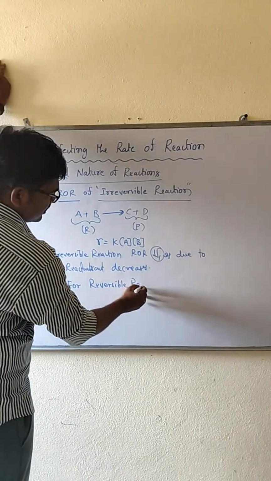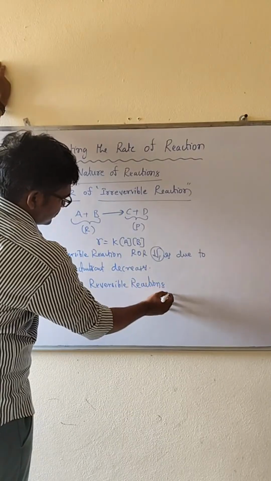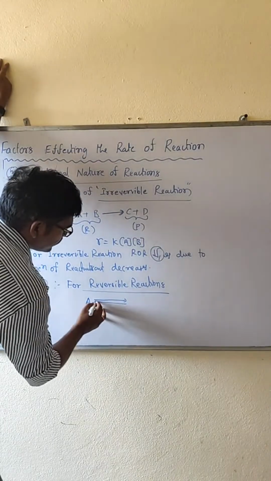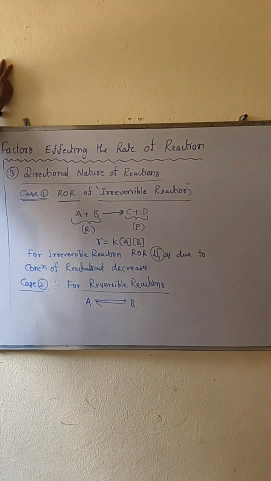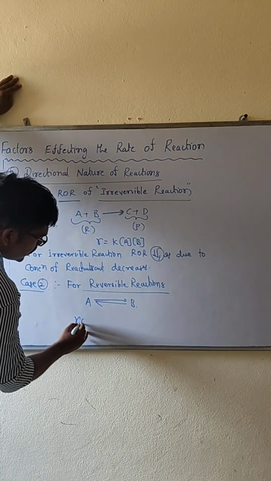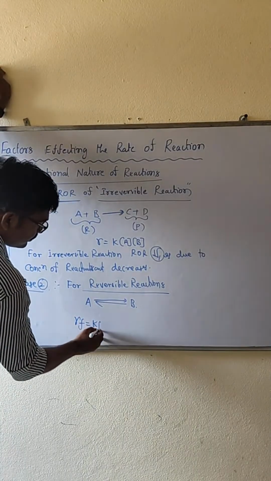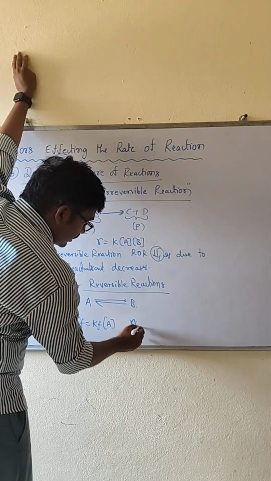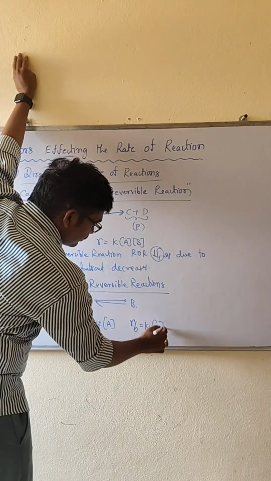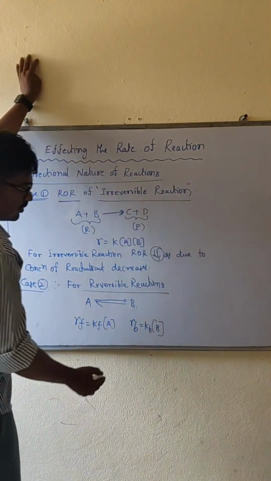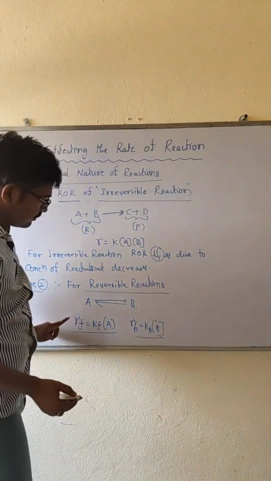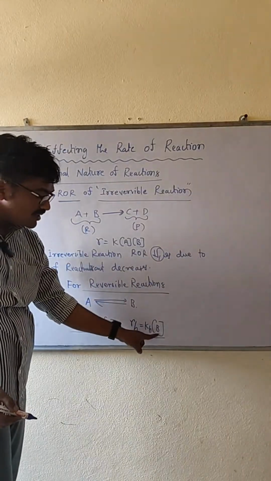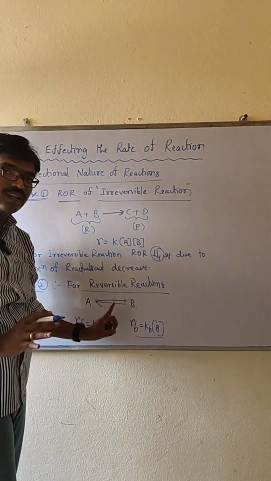Taking the same reaction, A can be converted into B, and B can be converted back into A. The rate of forward reaction is Kf times the concentration of A, and the rate of backward reaction is Kb times the concentration of B. The rate of forward reaction decreases and the rate of backward reaction increases because the concentration of B increases.